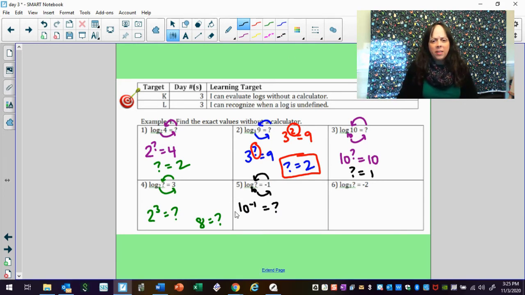Well, the question mark's already by itself. All we have to do is simplify 10 to the negative 1. You should know that a negative exponent back from Algebra 1 is going to flip that down to the bottom. Exponent becomes a positive, and you would need a 1 on top. So this is just 1/10 is your answer.